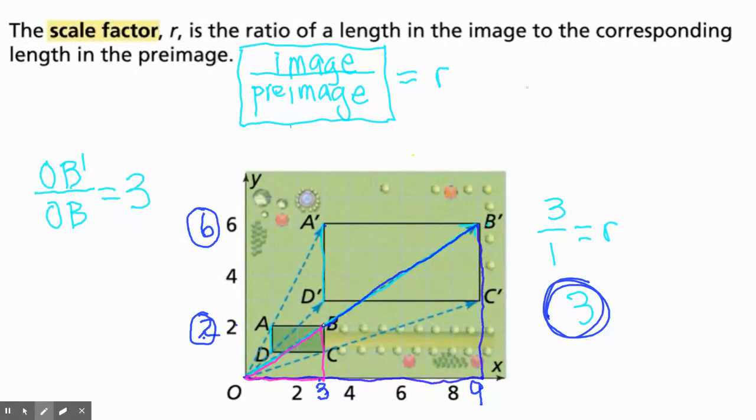So the location of B prime should give you a scale factor of 3 also. Okay, we're going to dive into that deeper.